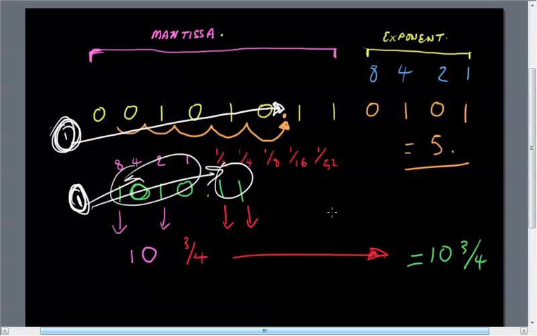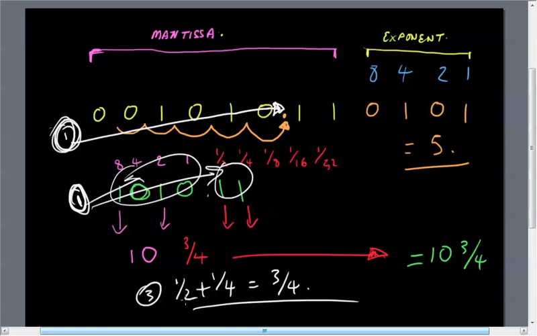And we get 1 mark for adding the fractions. You could have said 1/2 plus 1/4 equals 3/4. Okay, so we get marks for the working out.